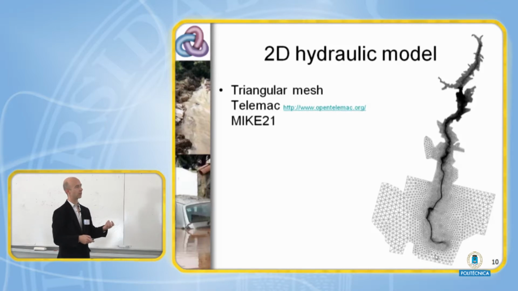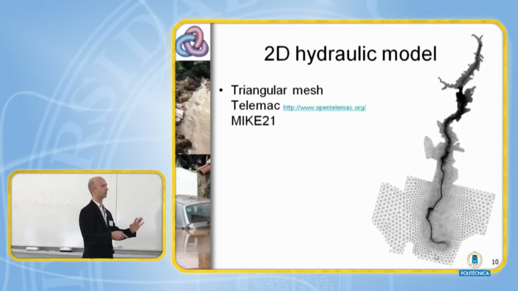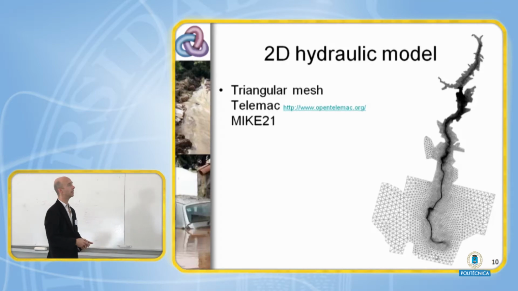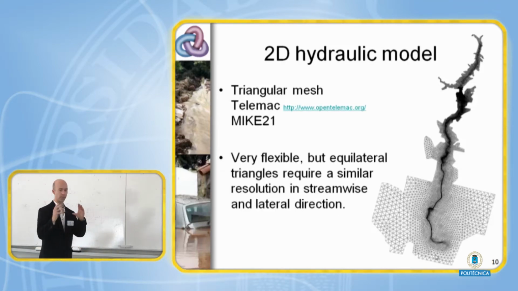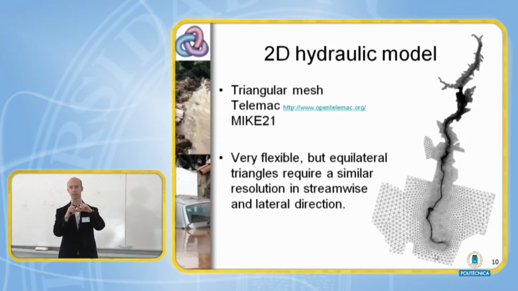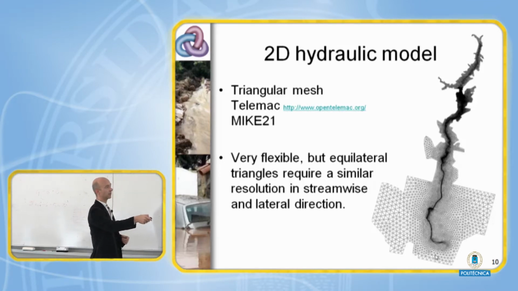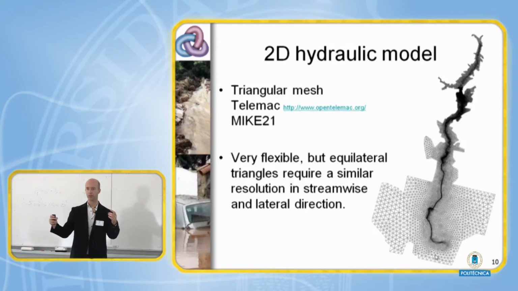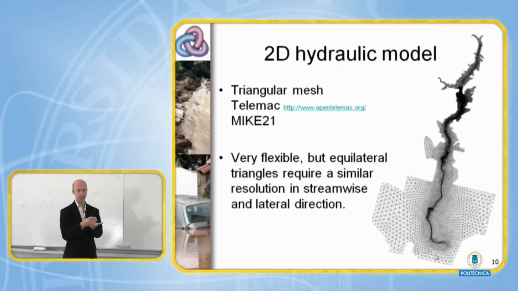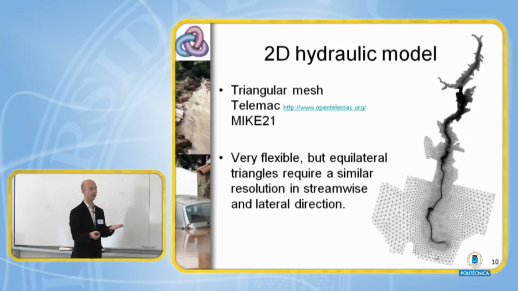However, if you start zooming in on the main channel, for which I don't have a picture here, you can imagine that if you have equilateral triangles and you try to follow a river and you want a pretty good resolution in the lateral direction, you also need the same resolution in the longitudinal direction.